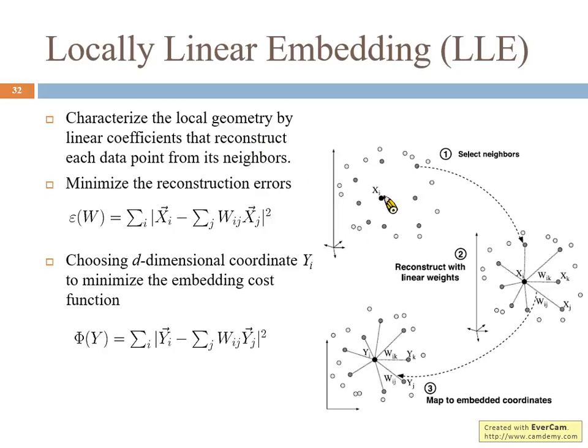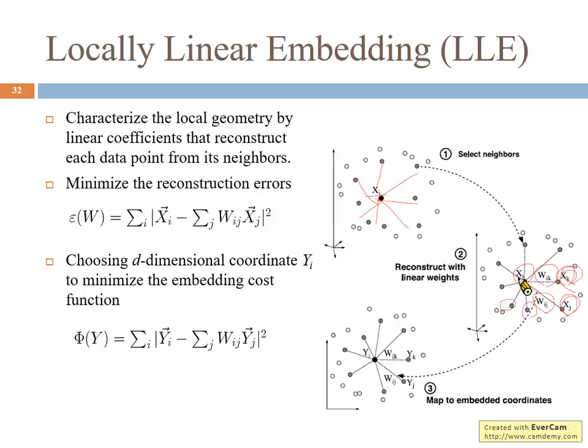The idea of LLE is that they assume each data point can be reconstructed by its neighboring data points with a linear combination. So here, they assume that xi can be described as a linear combination of xj, xk, maybe xp, xq, and so on, with the weighting of xk being wik, the weighting of xj being wij, and so on.